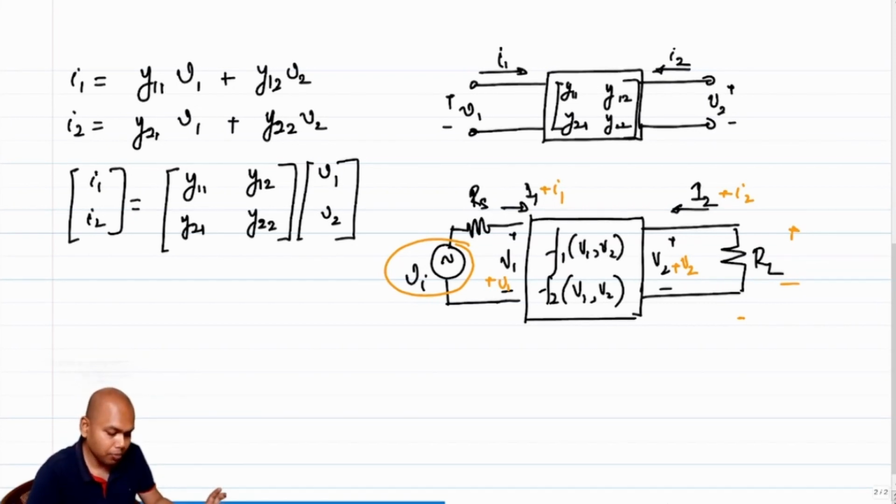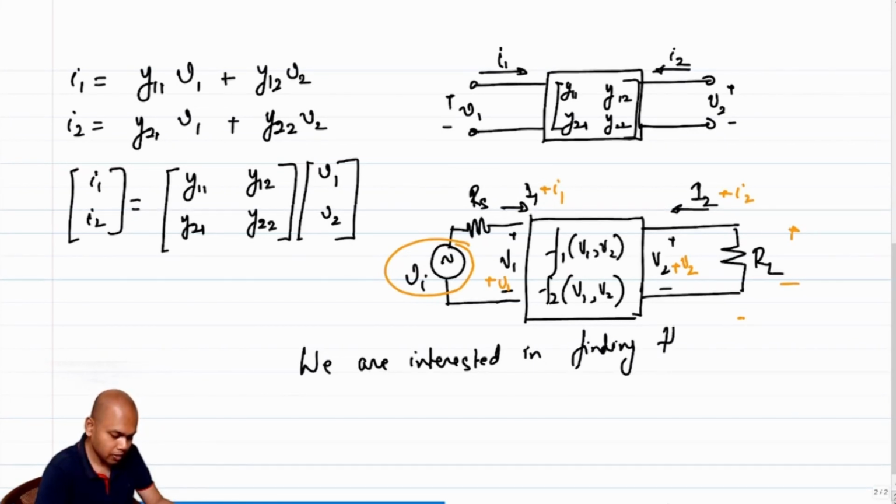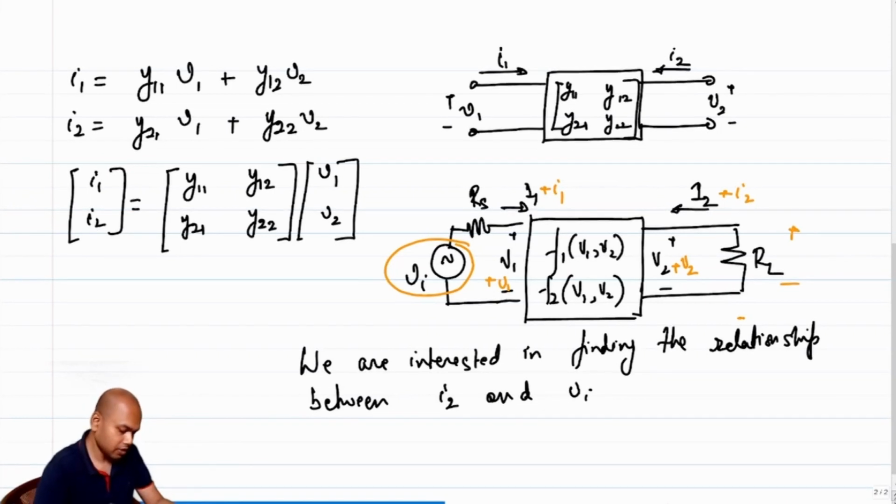What are we interested in? Now we are interested in finding the relation between small v2 or small i2, right, and vi, right?